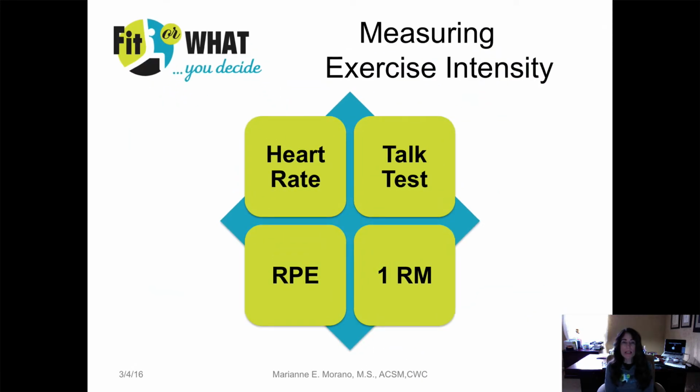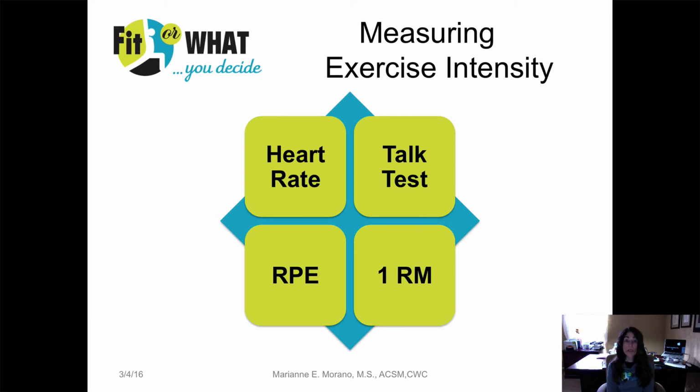So when we measure exercise intensity, there are four main methods I'm going to discuss with you today: heart rate, the talk test, RPE, also known as ratings of perceived exertion, and the 1RM, also known as the 1 repetition max. When we look at heart rate to measure intensity, we truly use that method for aerobic exercise: walking, running, cycling, swimming, etc. The talk test is a test that can be used with any type of exercise, whether it's aerobic exercise or resistance training.